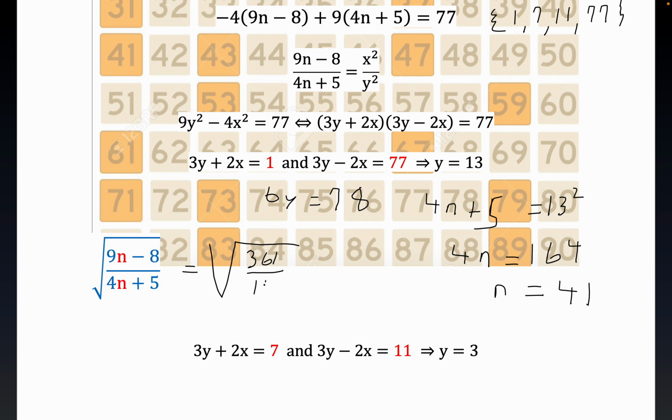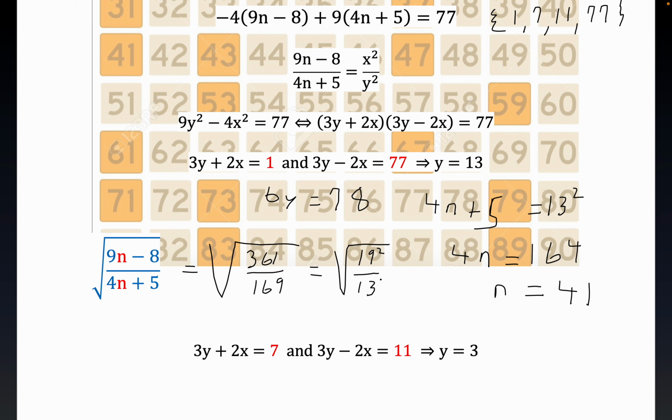But notice 169 is equal to 13 times 13, 13 squared. And 361 is equal to 19 times 19. So what we get right here is the square root of 19 squared over the square root of 13 squared.